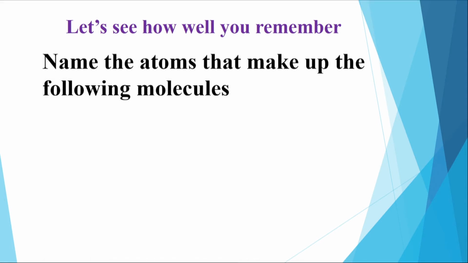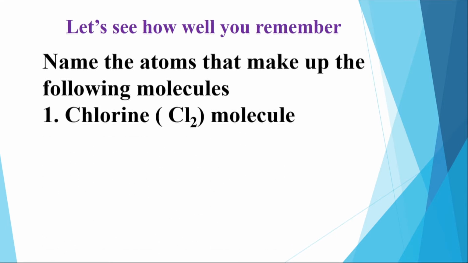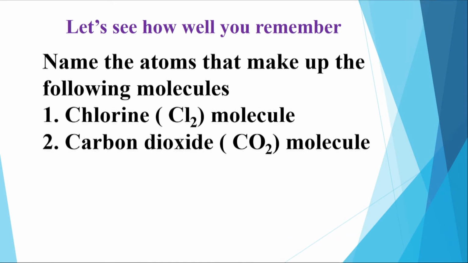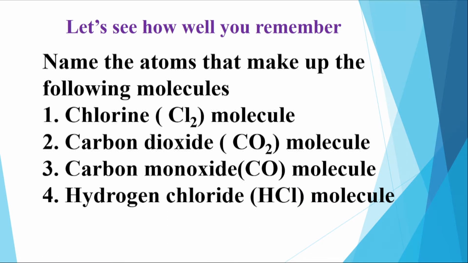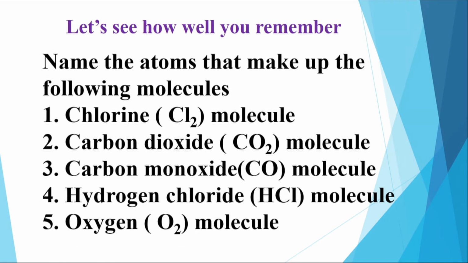Name the atoms that make up the following molecules: your chlorine Cl2 molecule, carbon dioxide or CO2 molecule, your carbon monoxide or CO molecule, your hydrogen chloride or HCl molecule, and your oxygen or O2 molecule.